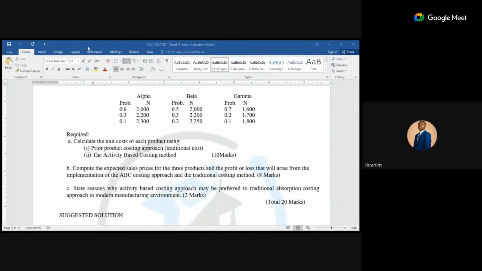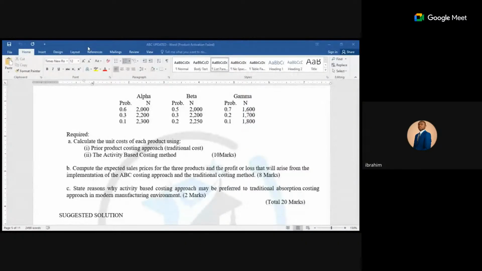When we add it together, we get the total cost. Then you need to divide the total cost by the units produced so that you will get the unit cost. We were able to do that in our previous lecture.